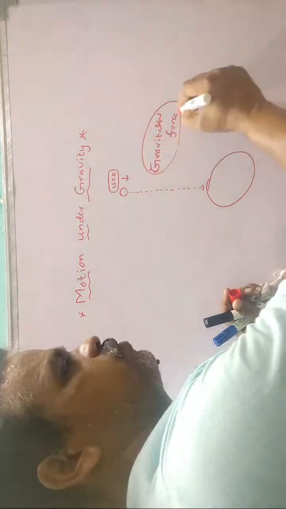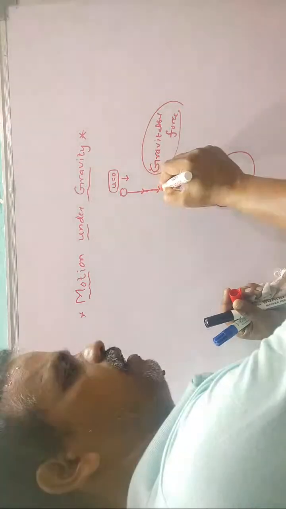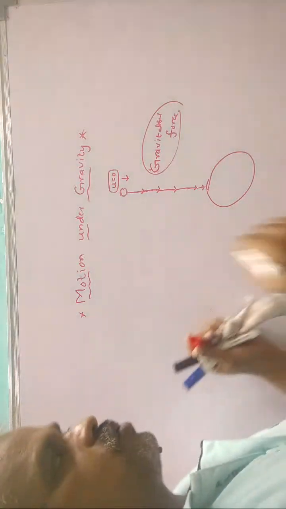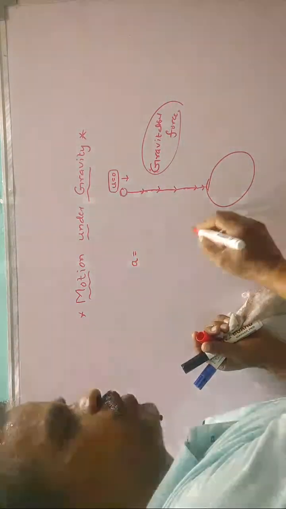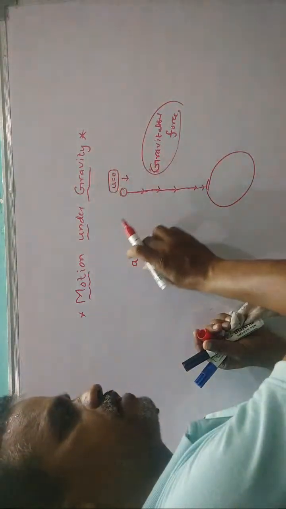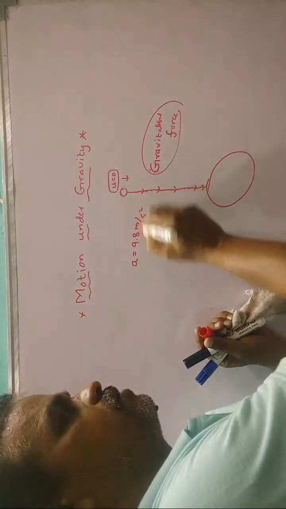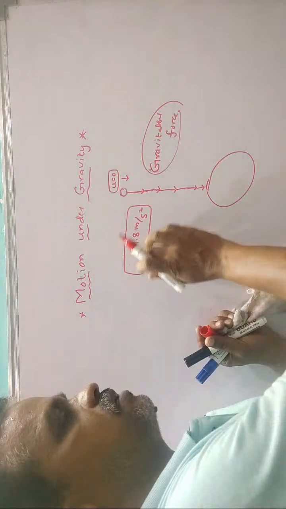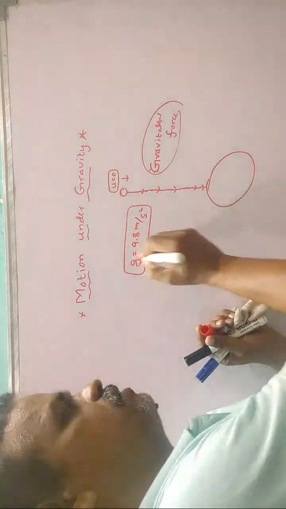By this force, the ball will accelerate and come to the earth. Due to gravity, the ball will get an acceleration equal to 9.8 meter per second square. This acceleration is caused by the gravitational force. That's why we denote it with G.